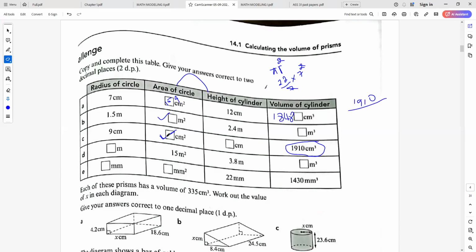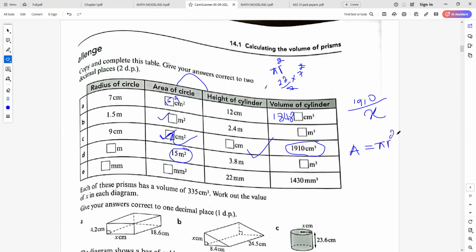Let me take it as x. Then you know the value of x, a numerical value. Then you divide and get the answer using the calculator. Then here you see 15 meters squared is given, right? Then you see A is equal to pi r squared.